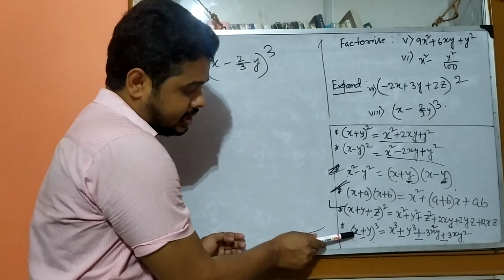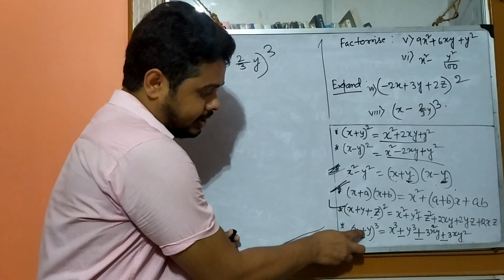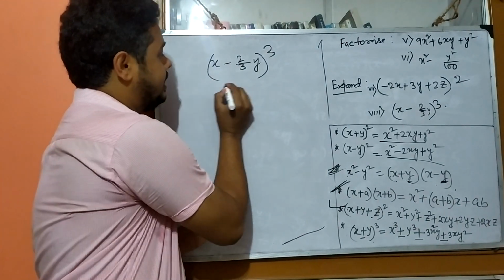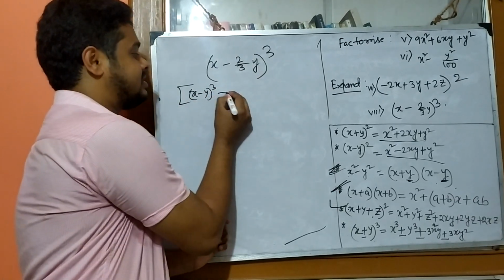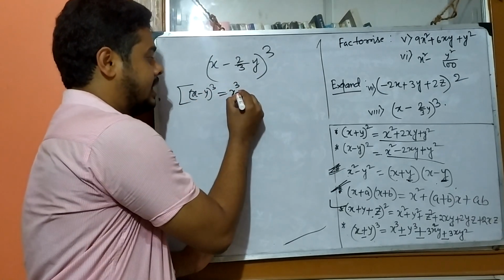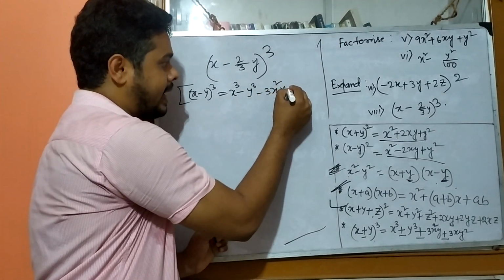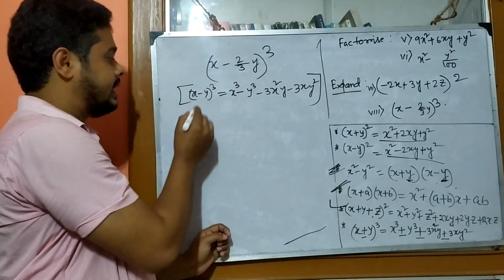How many identities are there? In a single word, I write here 2 because plus and minus both symbols are there. That time, it is in the form of (x minus y) whole cube, and that formula is x cube minus y cube minus 3x square y plus 3xy square. Okay, now apply that.